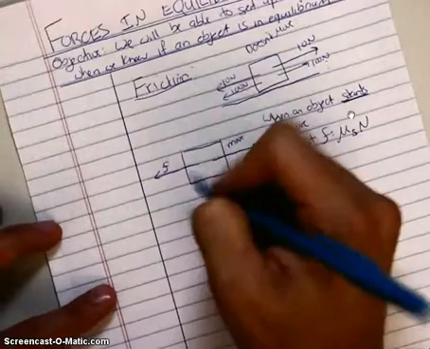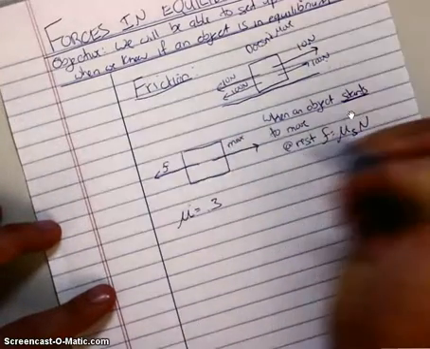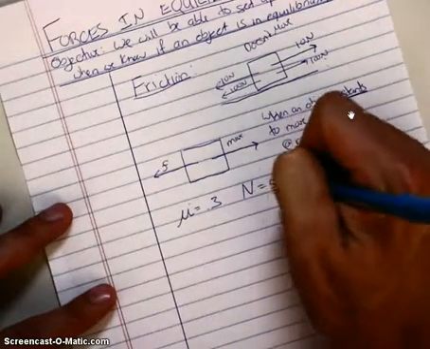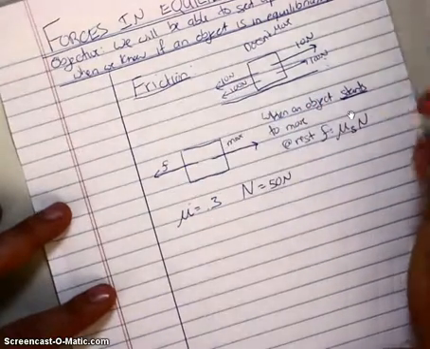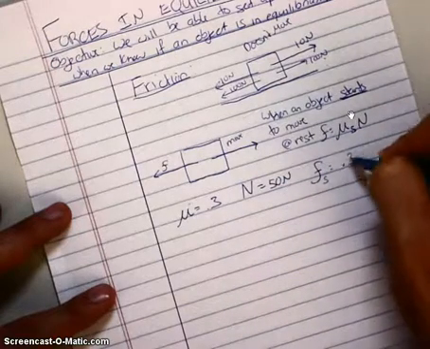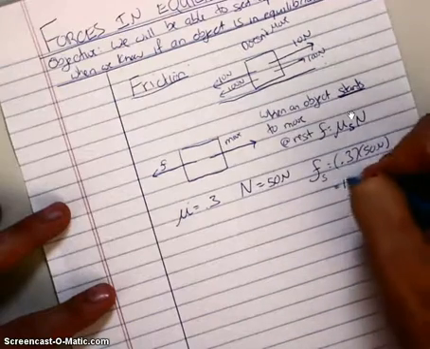Let's say for example, the coefficient of friction is 0.3, and let's say the normal force is 50. Well, the force of static friction is going to be 0.3 times 50 newtons, which comes out to be 15 newtons.